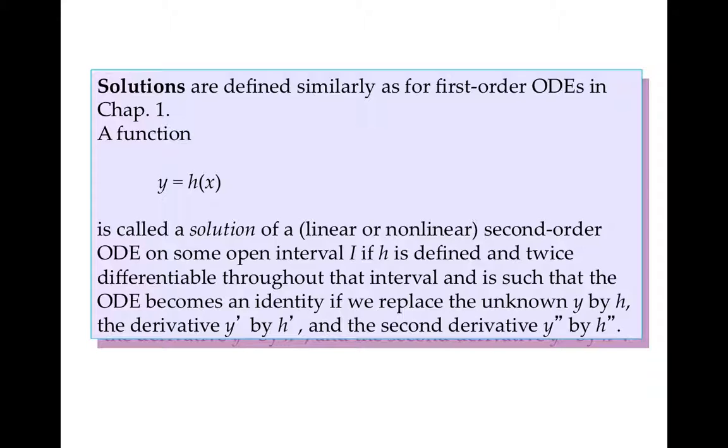So if you take your solution and you substitute it into the differential equation, you should get an identity. And you do that by basically replacing y by h of x. You would then take the first derivative of y and replace it everywhere in the equation, and the second derivative of y, and replace that as well with the second derivative of h of x.